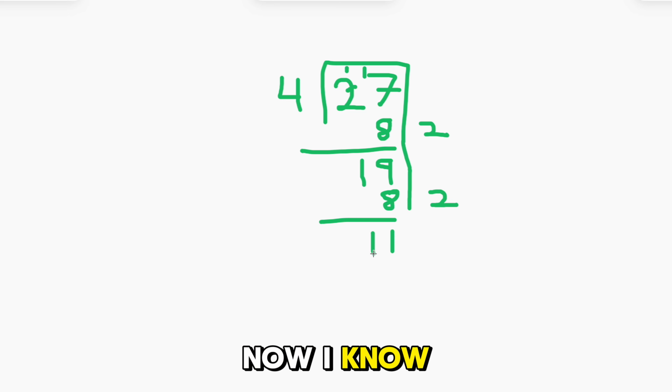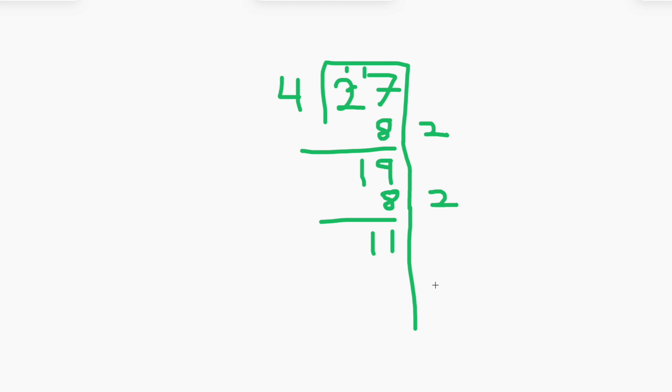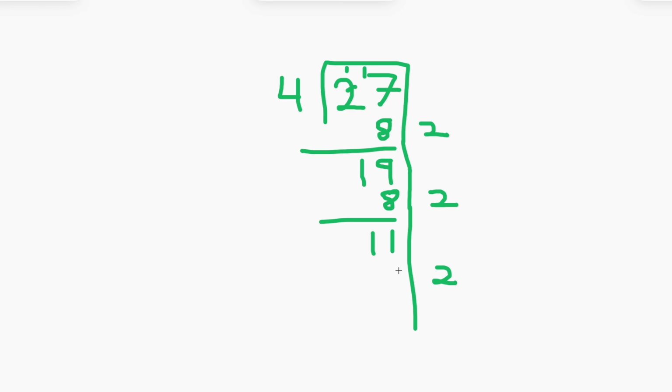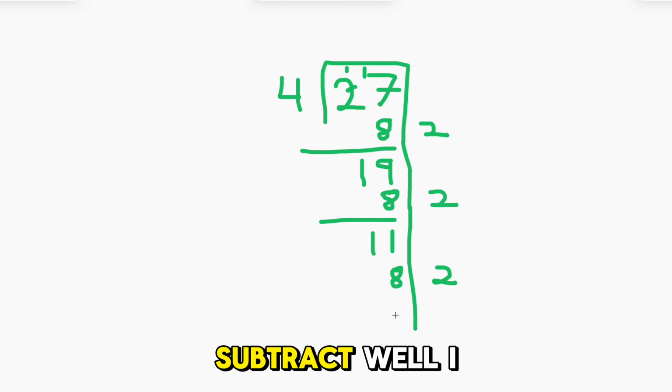And now I know that 4 times 2 is 8, because that's all we've been doing the whole time, since we're not that good at multiplication, and this is just an easier way of doing it for me. I'm going to put the 8 here again, and I'm going to subtract.